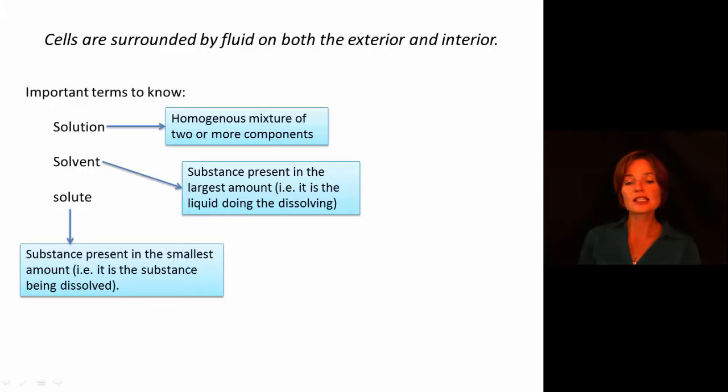So in other words, this is the liquid that's doing the dissolving, and then the solute is the substance that's present in the least amount, or in other words, this is the thing that is being dissolved. So we have a solution that is made of a solvent that contains solutes on the inside.